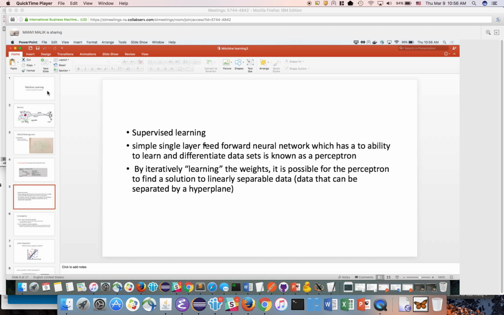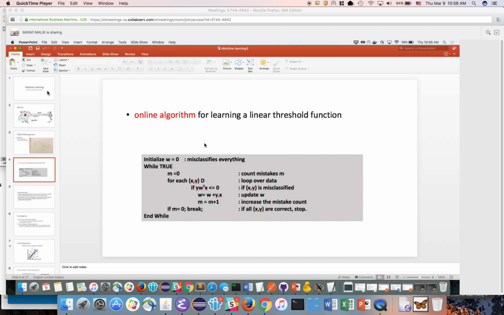If you go back to the previous function, when you said start with everything as misclassified, what does that mean? Let's say these are my data points, and let's say this is my W vector. I'm assuming all these points are positive, lying on the positive side of this weight vector.